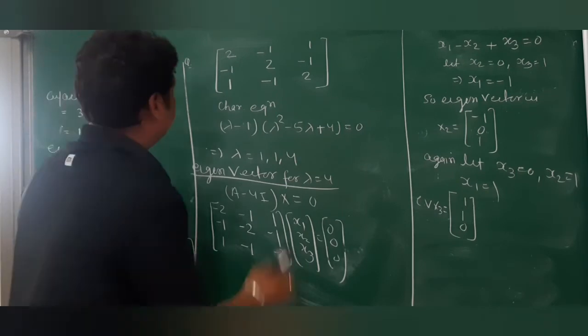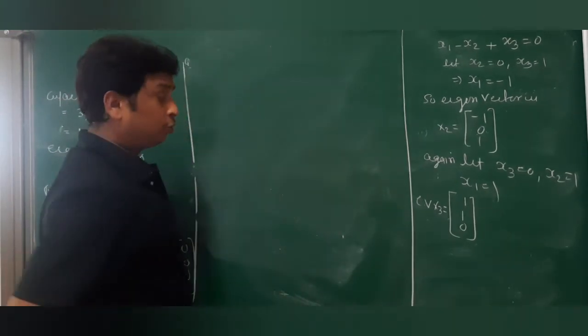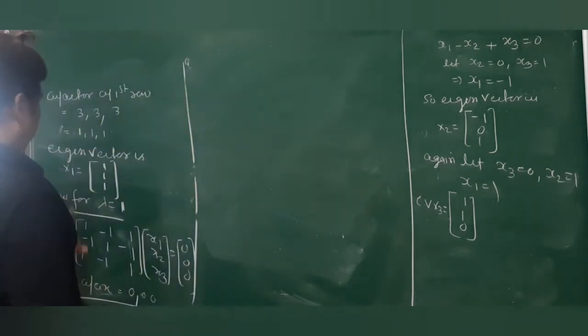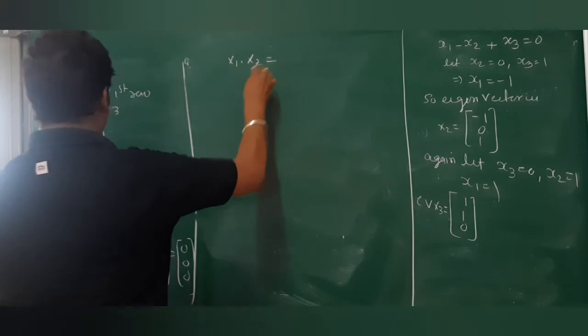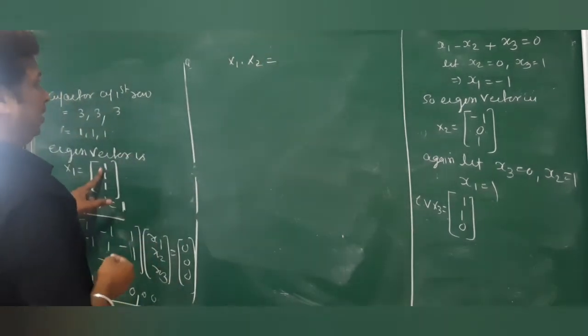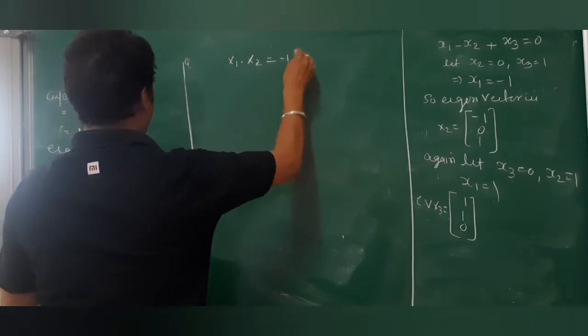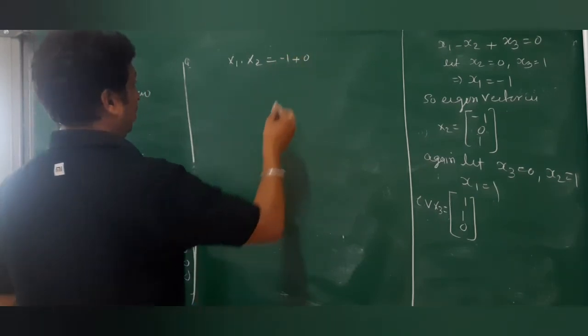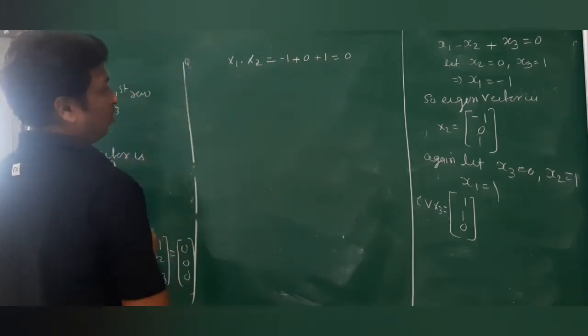In that case, check whether they are pairwise orthogonal or not. So what is x1 dot x2? 1 into minus 1, minus 1, 1 into 0, 0, 1 into 1, 1. So 0. Yes, x1, x2 are orthogonal.